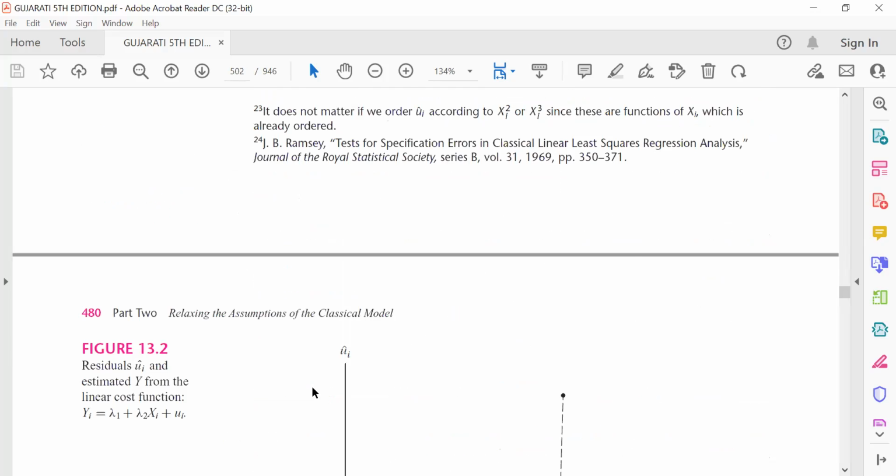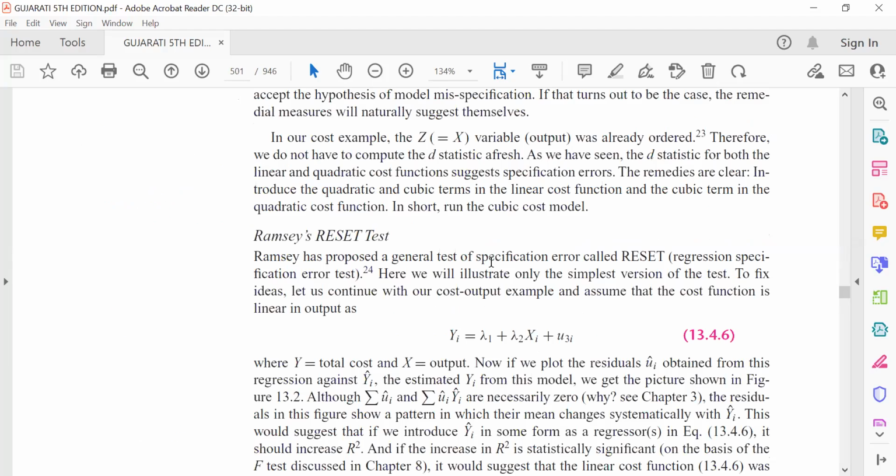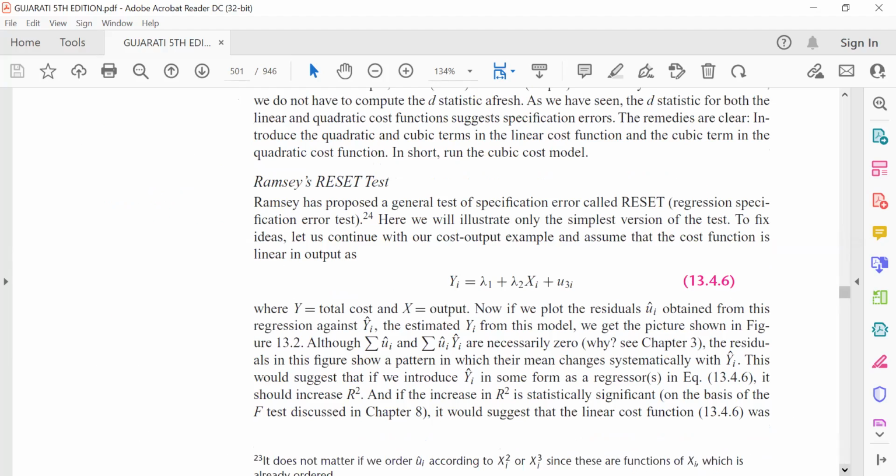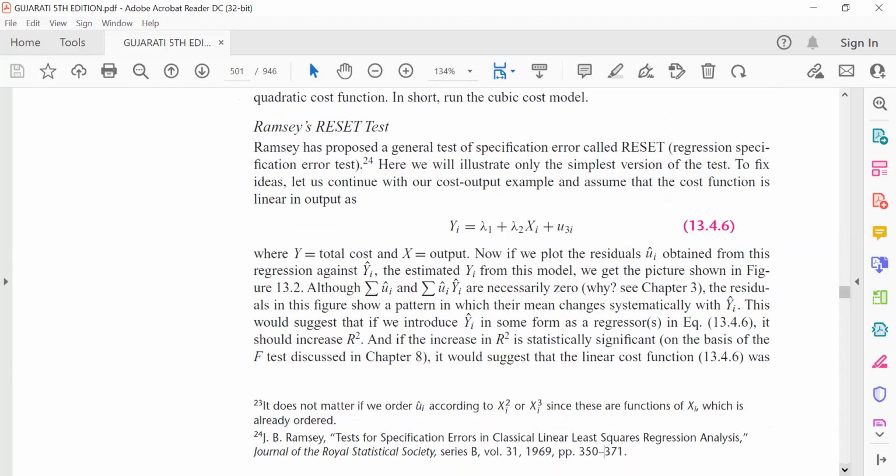Here we have a certain pattern, a relationship between the residuals and the predicted value.